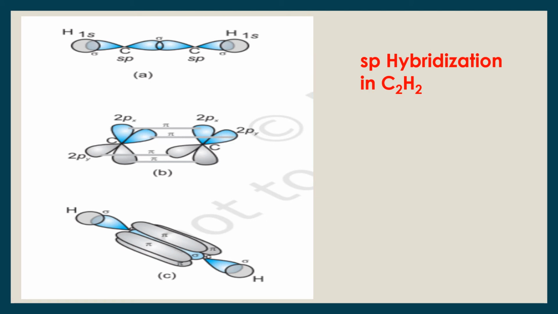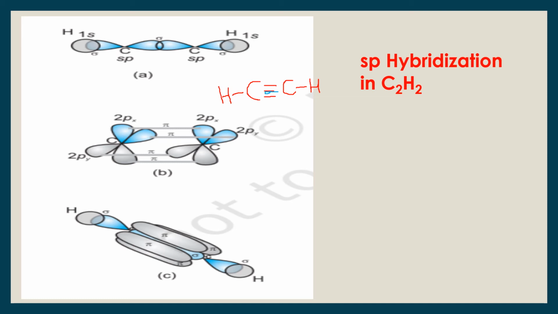Then you have another example, sp hybridization in case of C2H2. So C2H2 has a triple bond. It's an alkyne. So there have to be two carbons in this particular molecule. You have triple bond means one sigma.